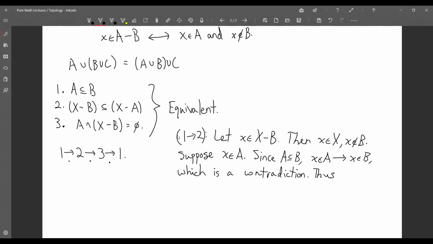Thus, x is not in A, so x is in X minus A, which is what we wanted to prove.